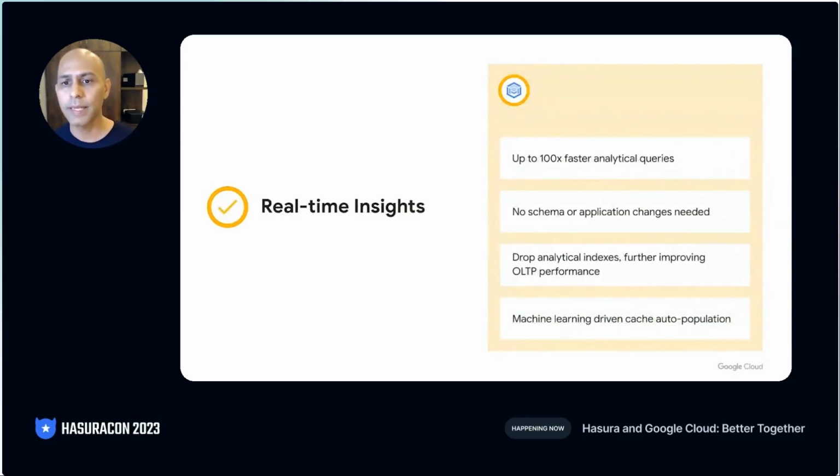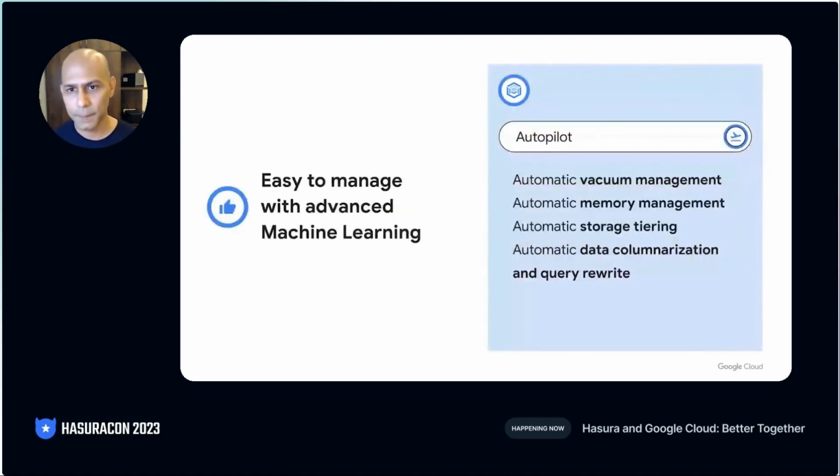So you're always querying an up-to-date version of your data. This means now you can run super fast real-time queries on your operational data directly with zero impact on your operational workload. So no schema changes, no additional indexes, and no additional configuration. And AlloyDB delivers these real-time insights just out of the box without having to change much of your configuration.